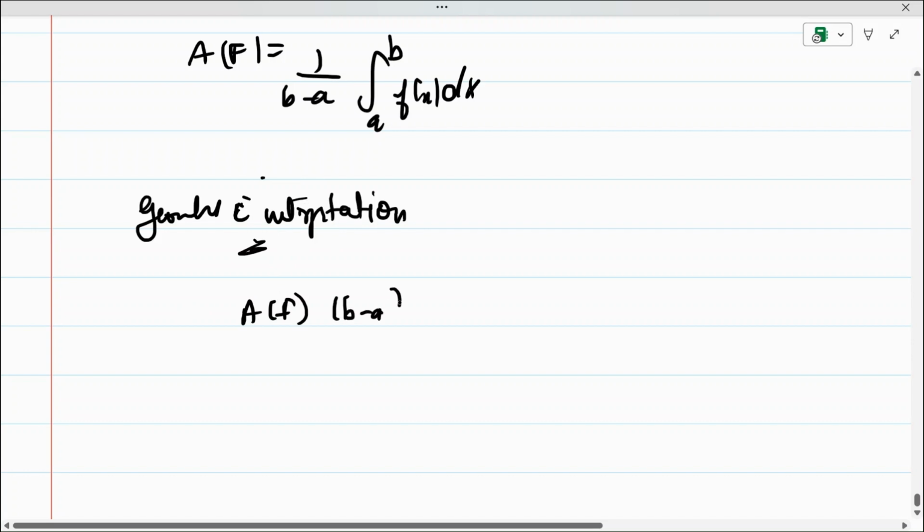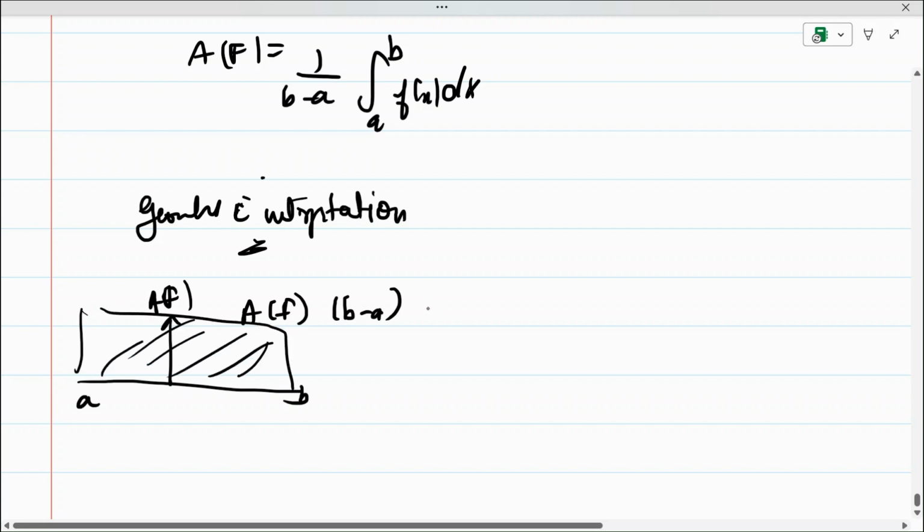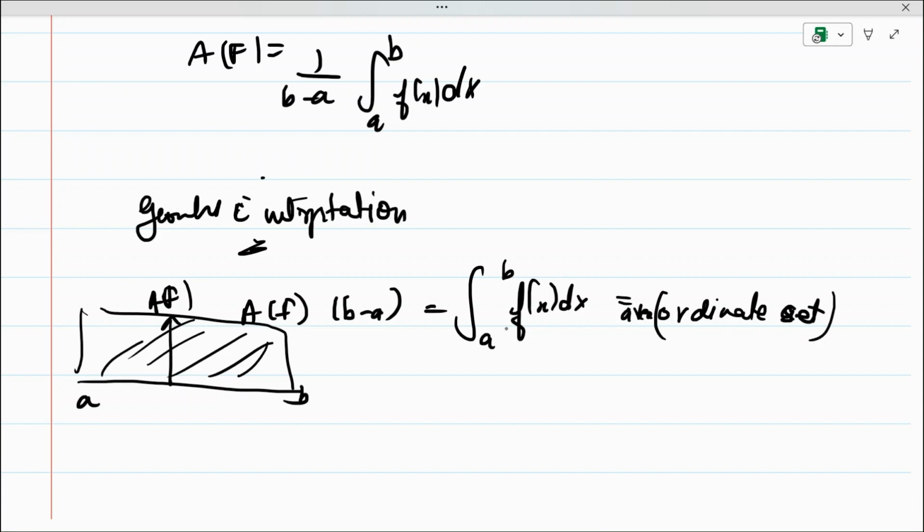So this average value, say f average, and then we have our interval a to b, some value. So then this is technically a box. We take the area of that. So this box is actually equal to the integral of f dx, which is actually the area of the ordinate step. So that's basically the geometric interpretation.